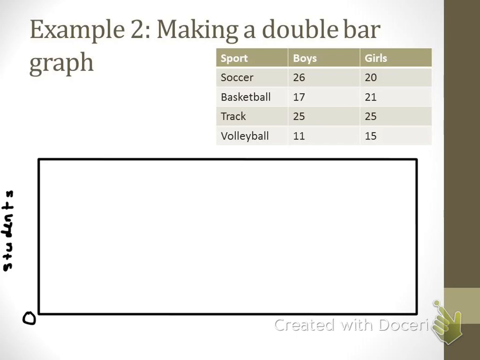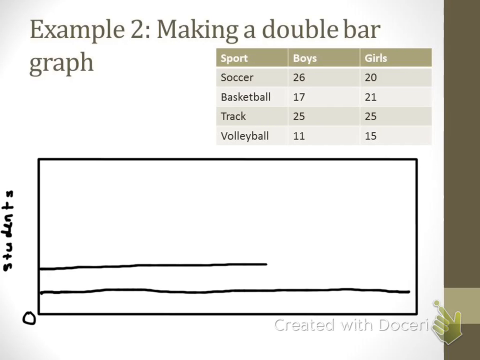Now we always start at 0. That's always going to be our first. You'll notice this in your book as well: you don't have to necessarily number every horizontal line. So we're going to go 5, 10, but that didn't show up for some reason.